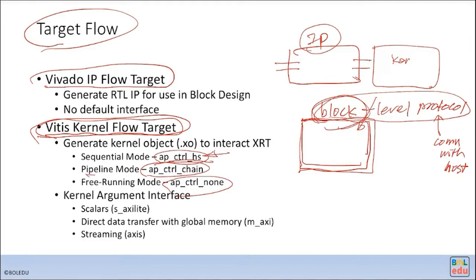Or you can run the kernel in pipeline mode, which means before the kernel finishes, you can enqueue the next command, for example preparing the next data buffer, so once the kernel finishes, the data can come in. If there are multiple kernels executing step by step, you can run the blocks in pipeline fashion. Then there is the free running one, which is the simplest. So that's the block level protocol.